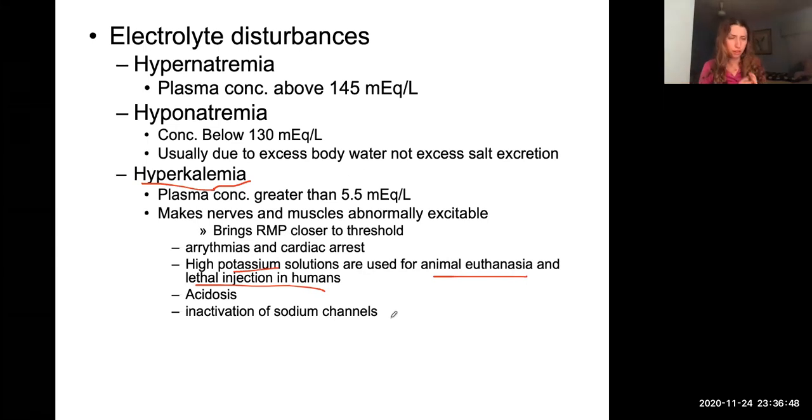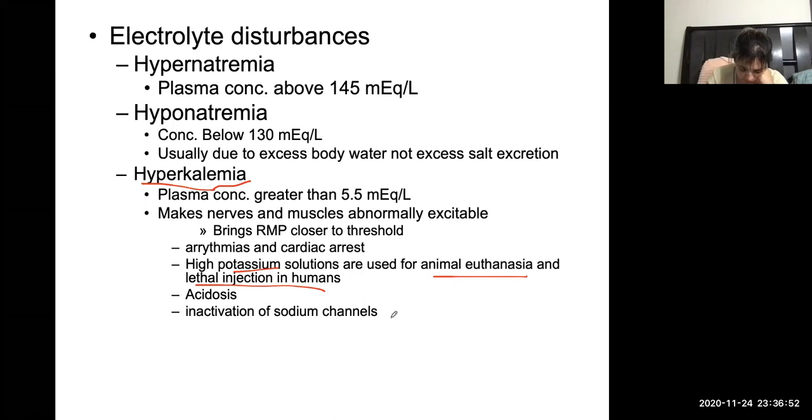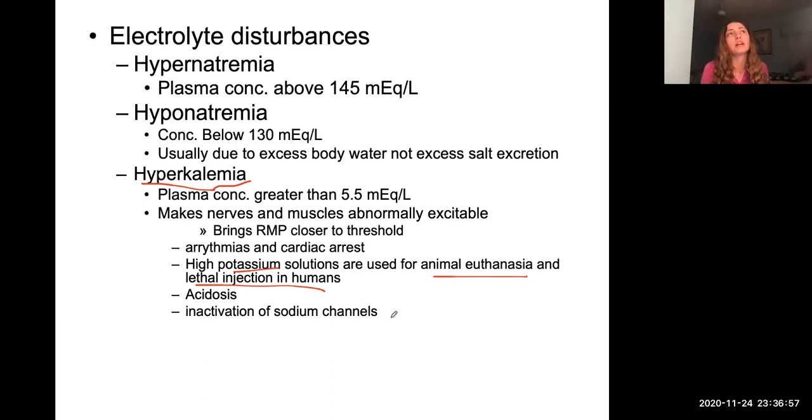Okay. But why less? Well, because there's less hydrogen than potassium, so they're going to bind the potassium because there's more there.